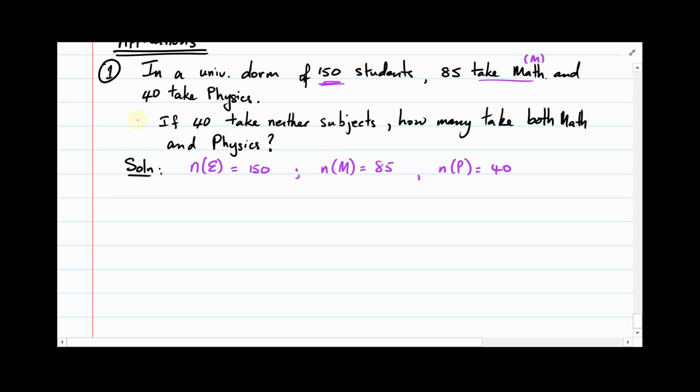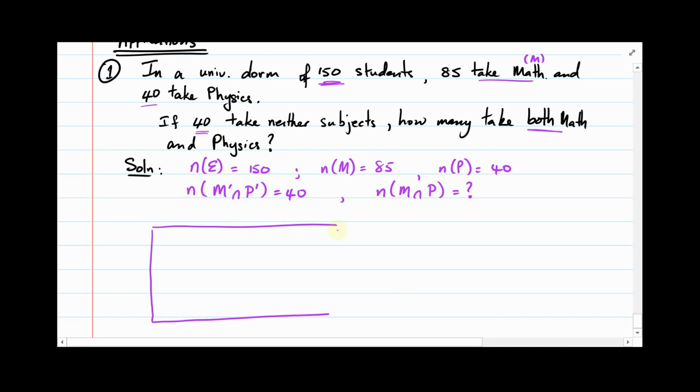We are also given that 40 students take neither subject. So if they take neither math nor physics, that is equal to 40. We're trying to find how many take both subjects. The number taking math and physics is unknown. So let's draw our Venn diagram and see what we do.